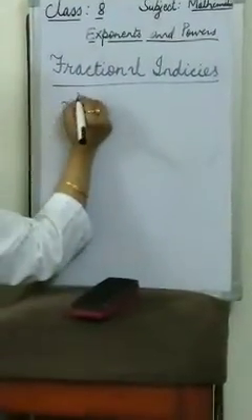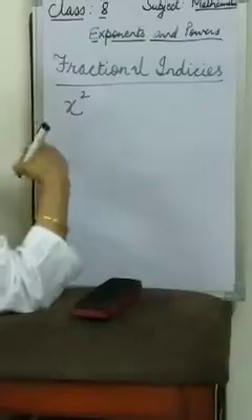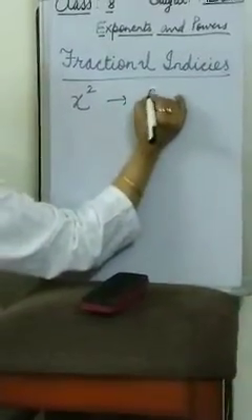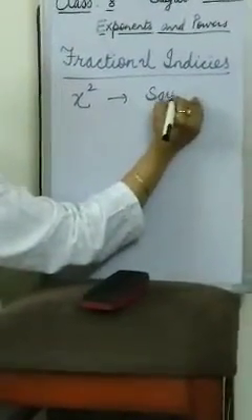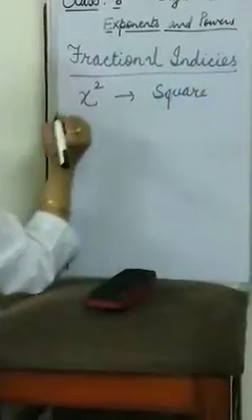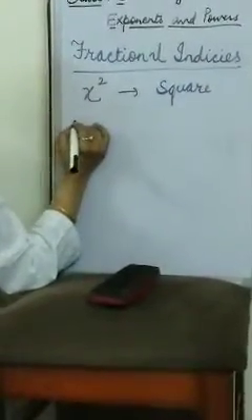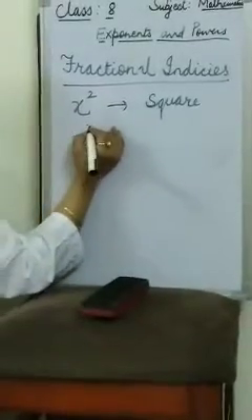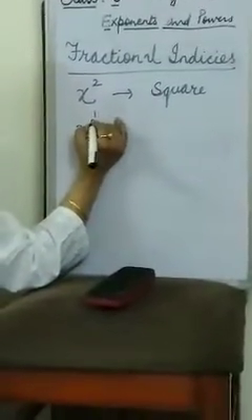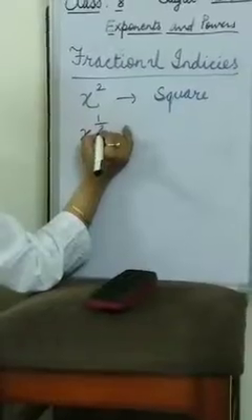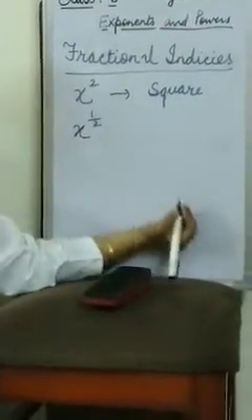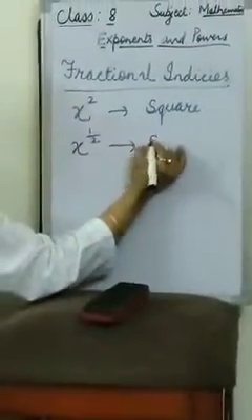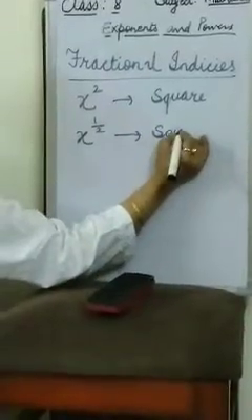X square is written as x to the power 2, that is x square. If I say square root of x, then how are you going to write? The moment I say square root, the word root is added, the power becomes a fraction. This is the square root.